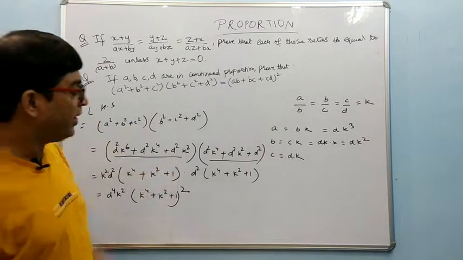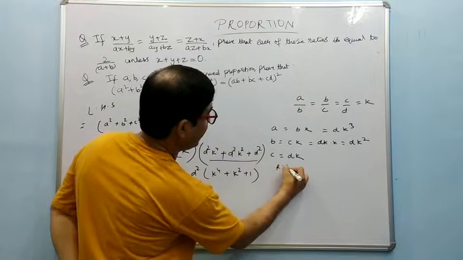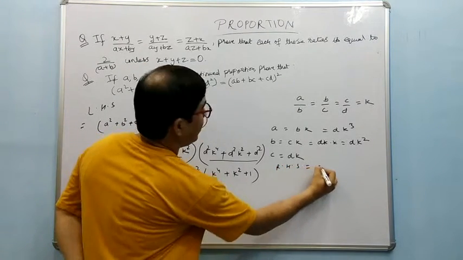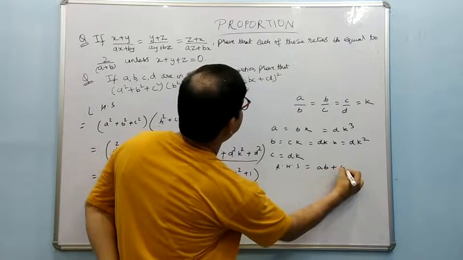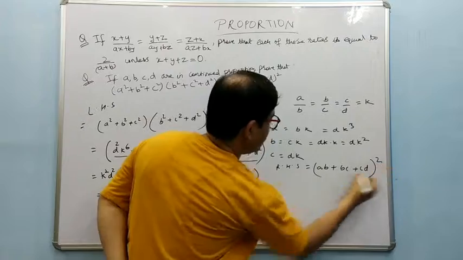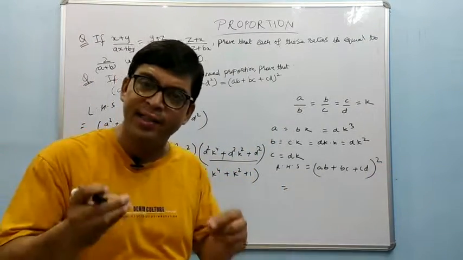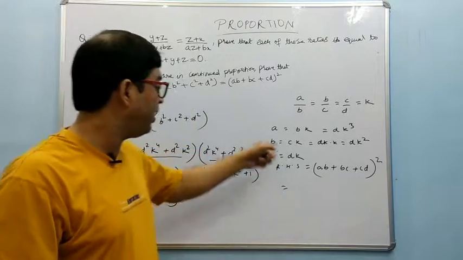So now we need to find the RHS. What is that? RHS is here, I am just writing here: (ab + bc + cd)². Just do the same technique I did here in the LHS. Write in terms of d and k only.